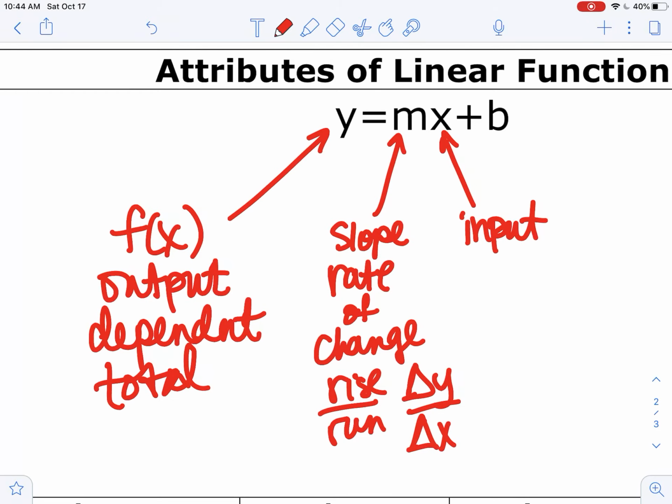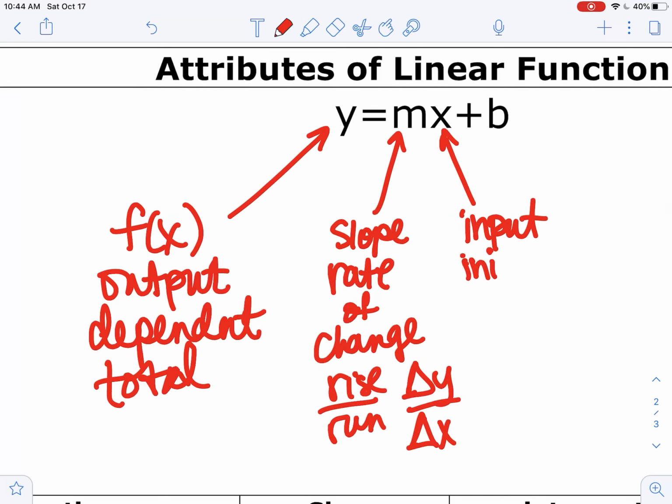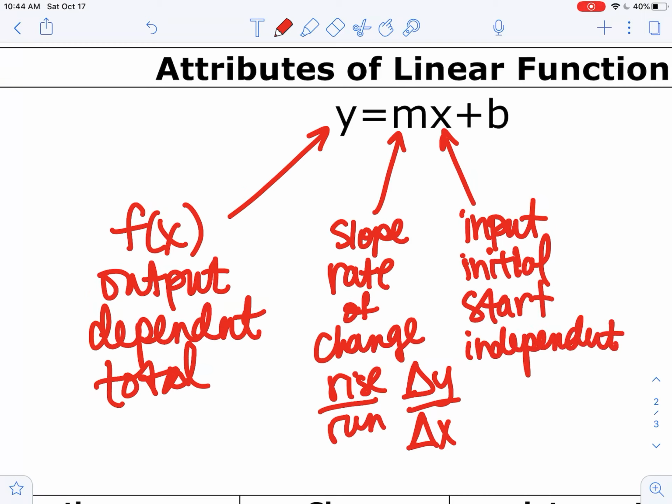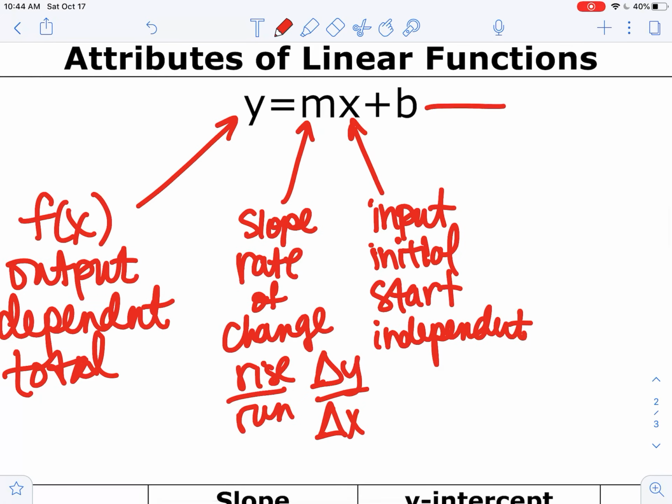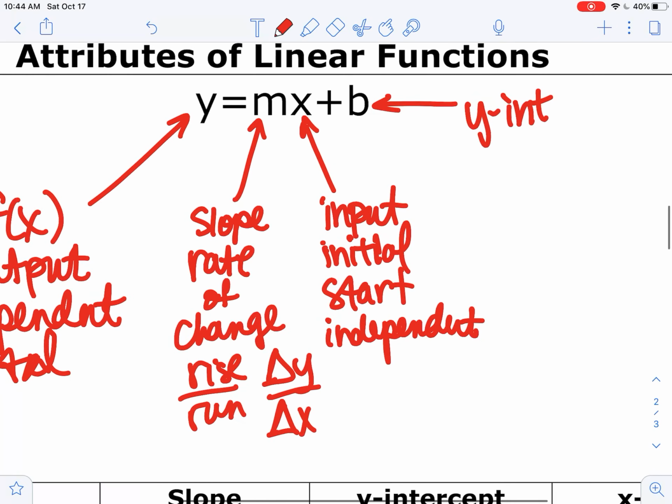Okay, it's our initial. It's usually your start, and your independent. Okay, and last but not least, in your slope-intercept form, you have your y-intercept. Okay, and it's always listed as 0, b.